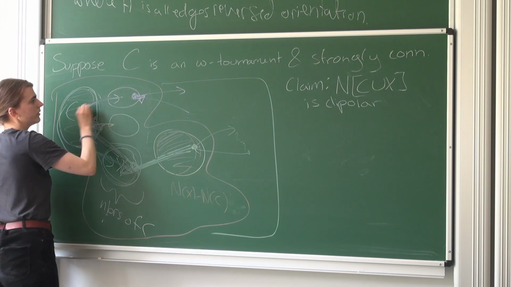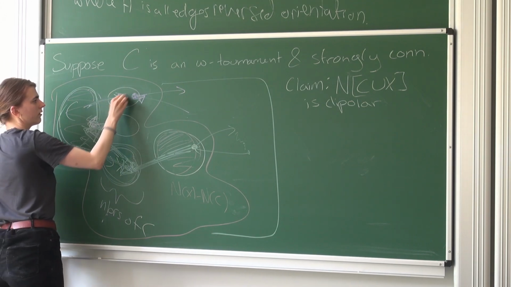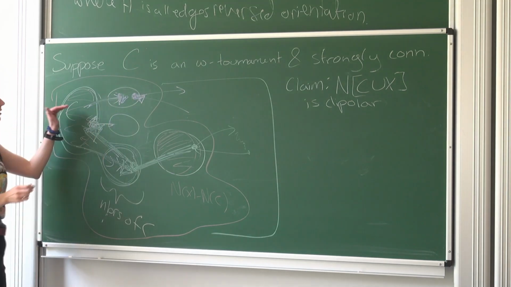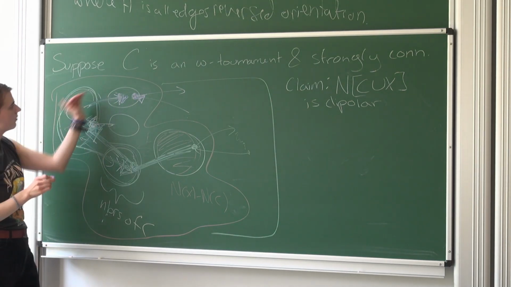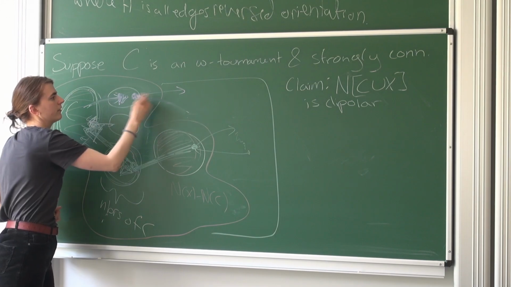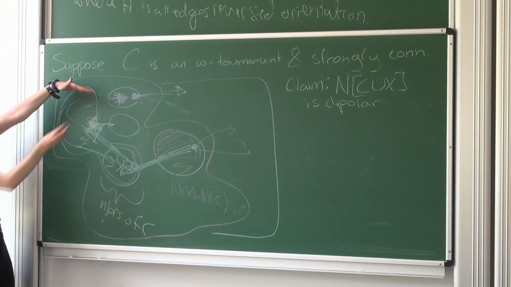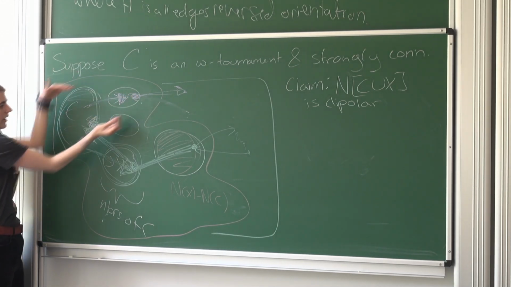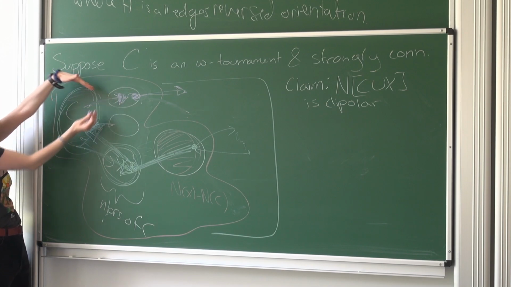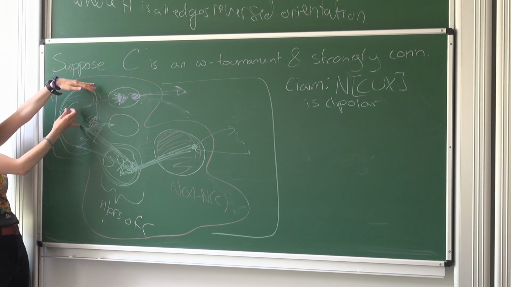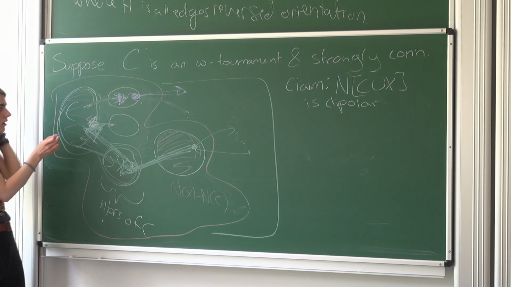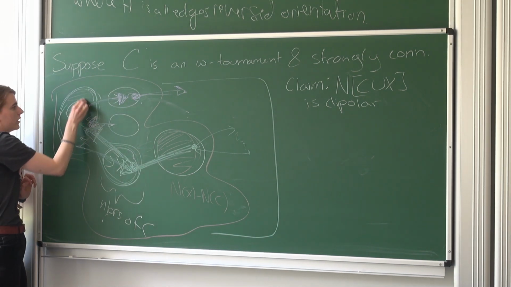And here we need to see, in particular, does it have an out neighbor in the rest? This vertex that I've drawn cannot be adjacent to all of C, because C is a tournament of maximum size. So it's not adjacent to something.